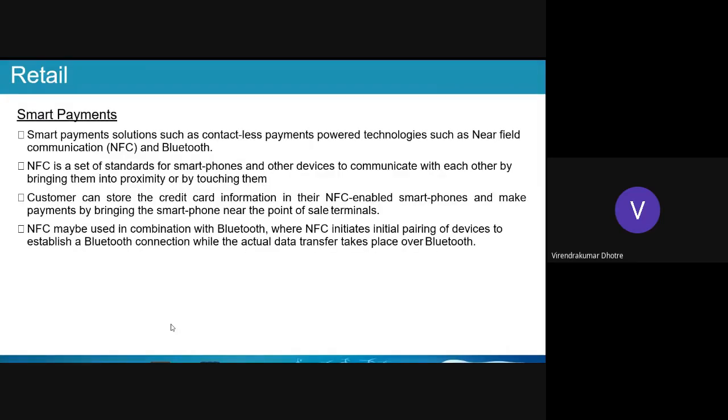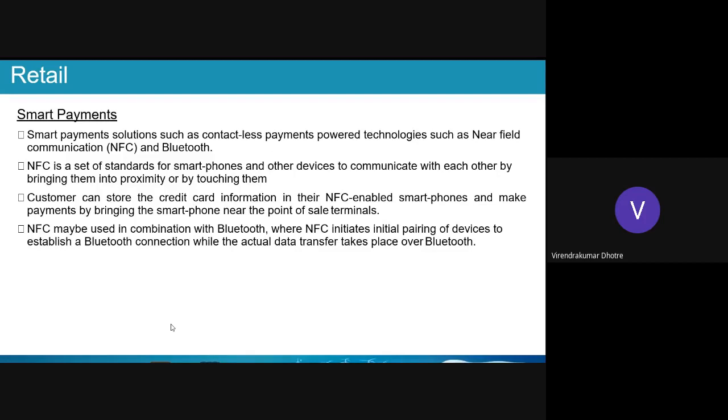Next is smart payment. Now, NFC. NFC is a new technology which is coming in India. Not known popularly, but still it is very popular, and I am sure that it is going to rock in India. Outside India, it has already started.